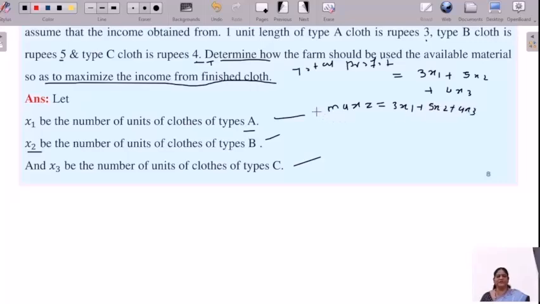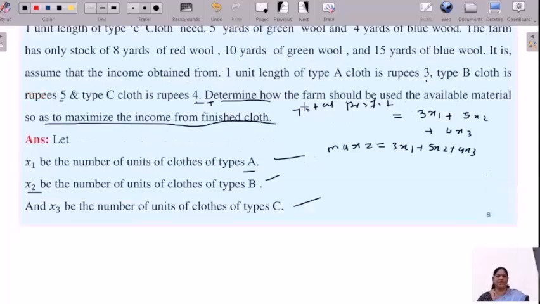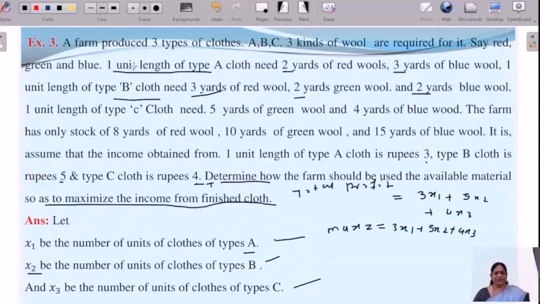Now, let us see the constraints. We have given that to prepare 1 unit length of type A cloth, it requires 2 yards of red wool, 3 yards of blue wool and 1 yard of green wool. Therefore, the total red wool available is 8, total green wool available is 10 yards and total blue wool available in the farm is 15.